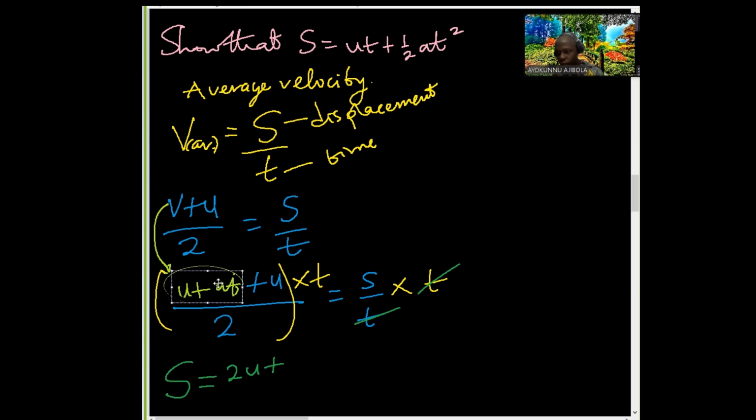Is that clear? Yes, sir. So it doesn't exist there. It is still u plus at. So we have 2u there plus at, okay? All over 2 multiplied by t.